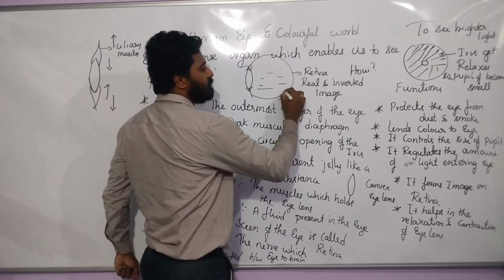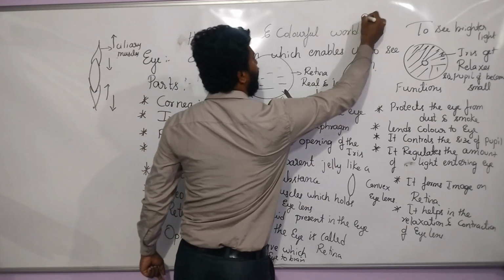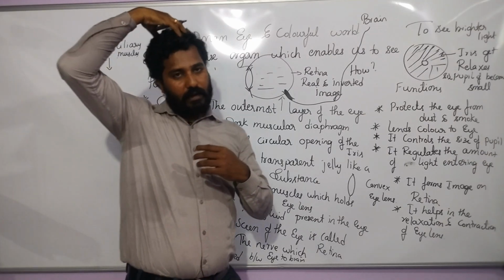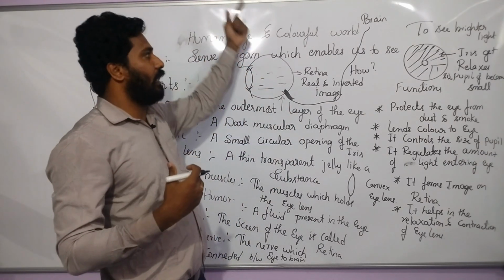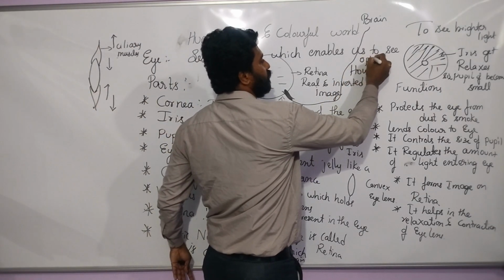One nerve enters the eye and is directly connected to our brain. The nerve connecting our eye to the brain is called the optic nerve.